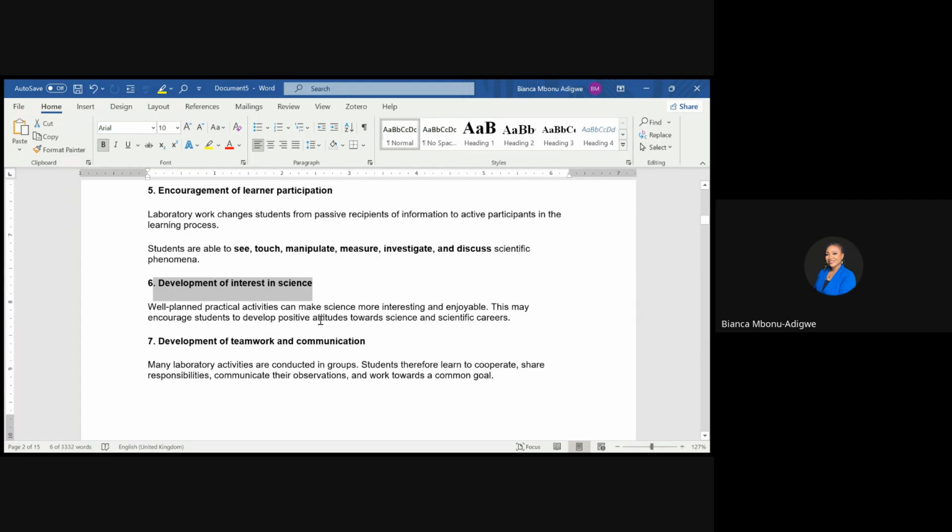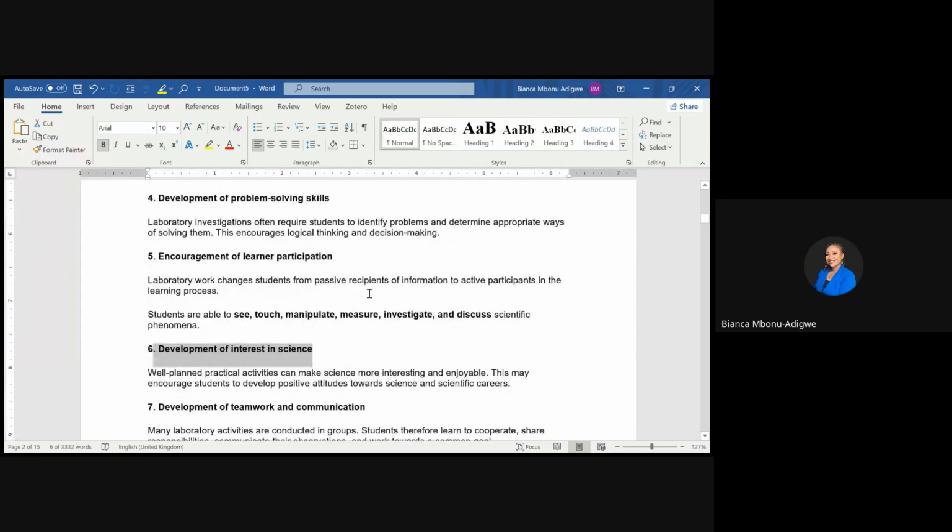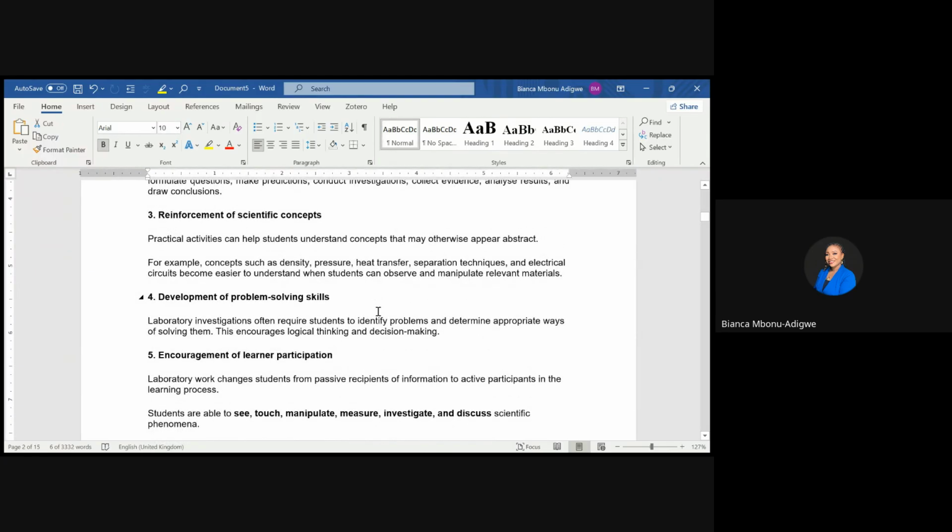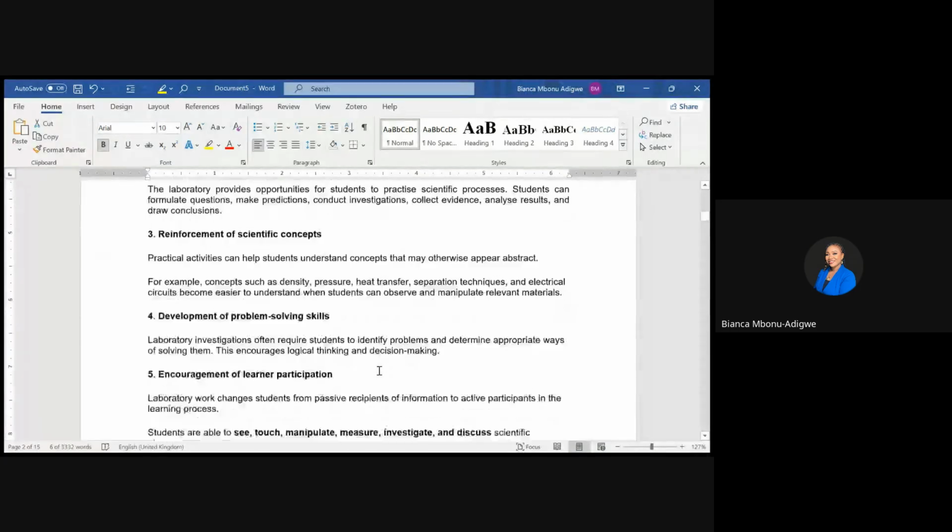Let's hear from Odinaka Kosrep. Unmute your microphone and explain this to us. Don't read from my screen. Let me hide it. Where has she gone? Kosrep. Okay. Oluchukwu, are you here? Do you agree that the lab can encourage you to develop interest in science?